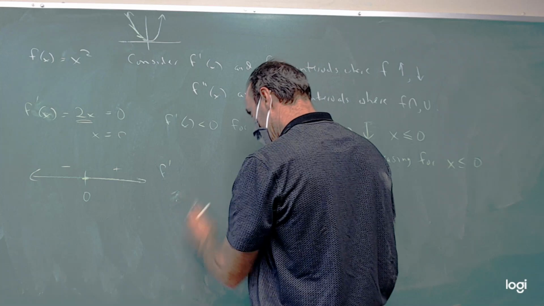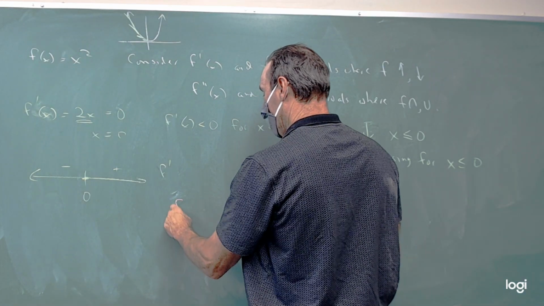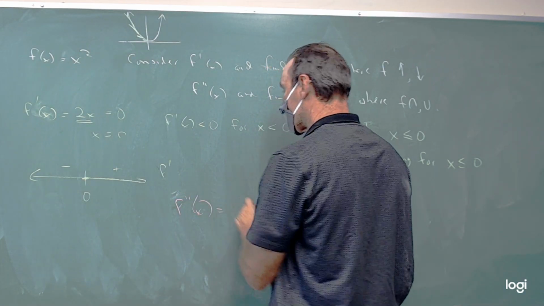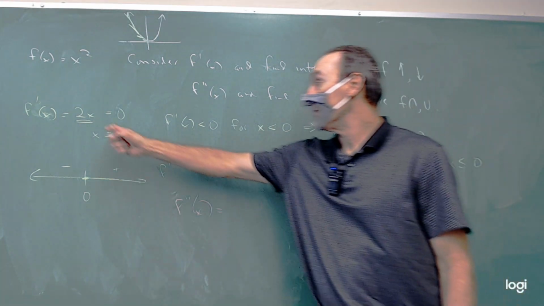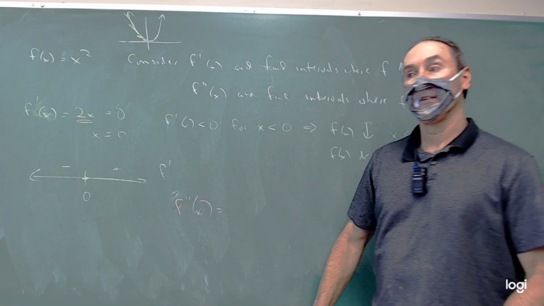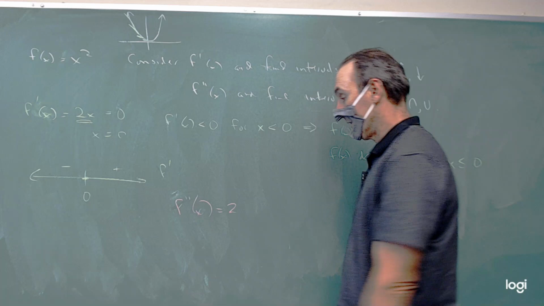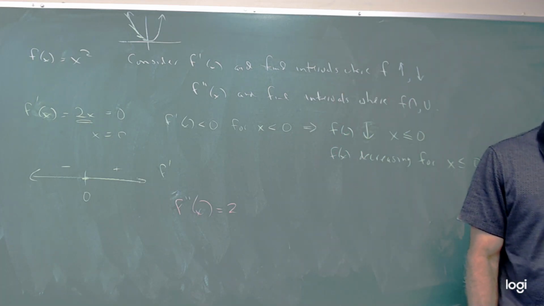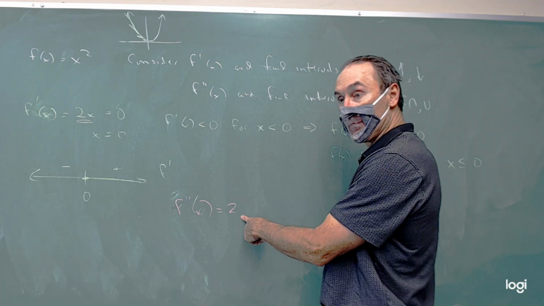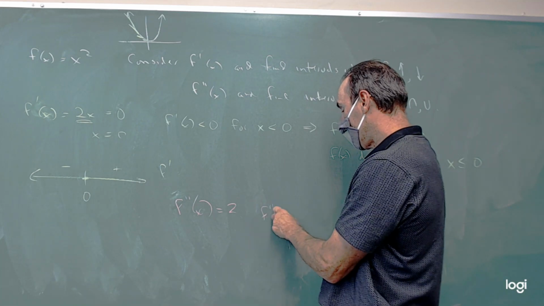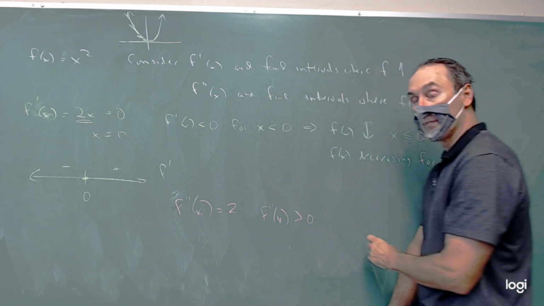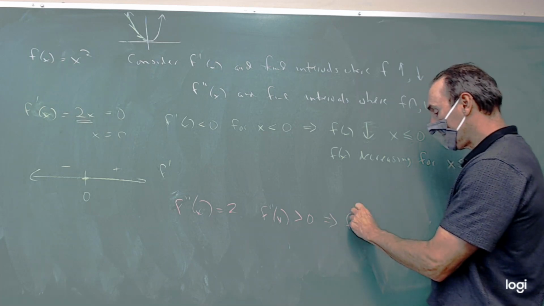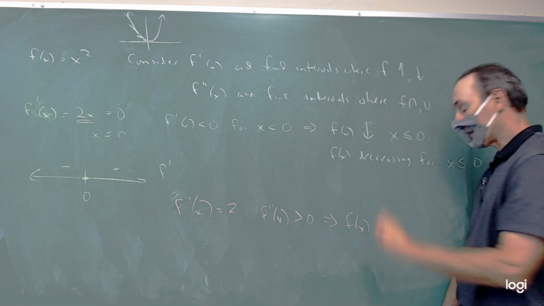So let's talk about f double prime. F double prime of x. So the second derivative is going to be 2. Now, where is that equal to 0? Never. But it's positive. So the second derivative being positive means the original function is going to be concave up.